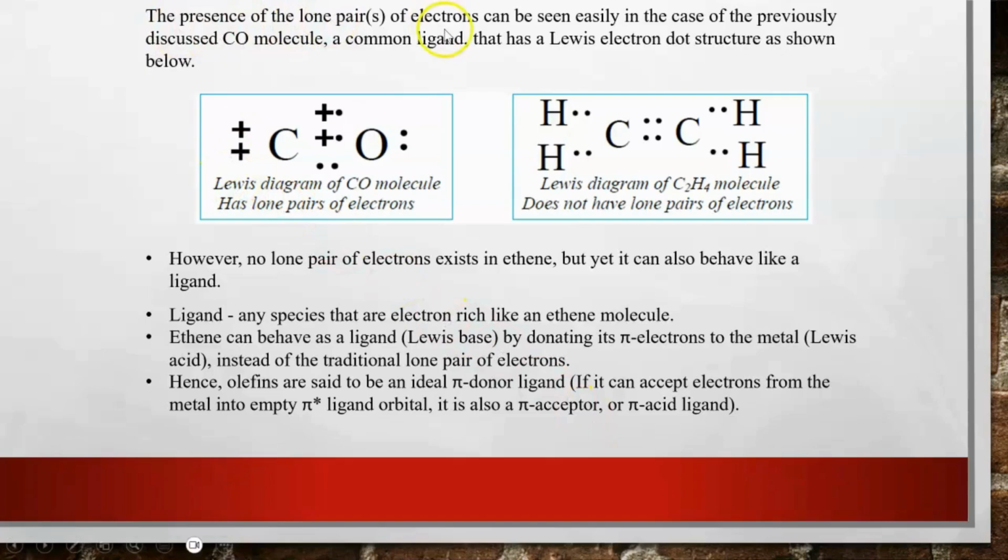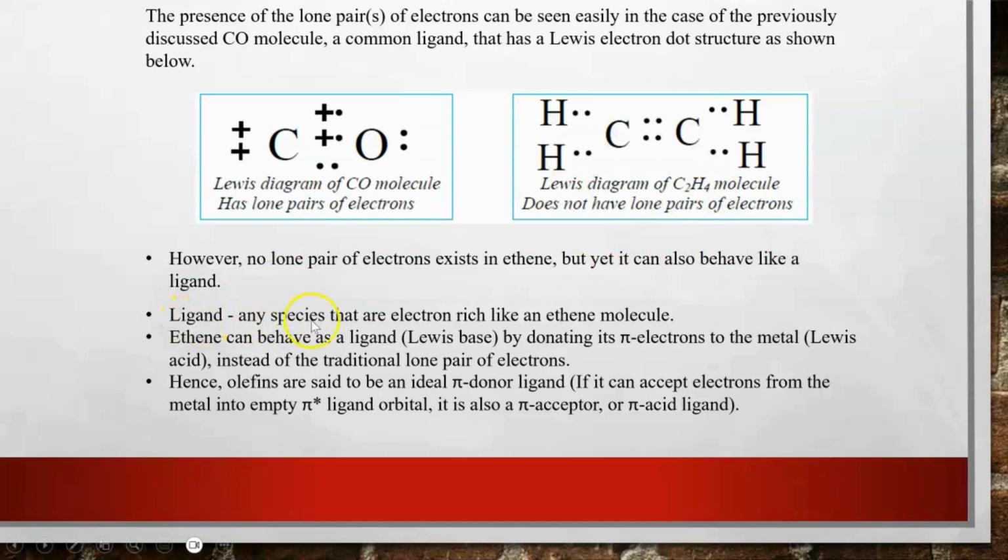The presence of lone pairs of electrons can be seen easily in the case of the previously discussed CO molecule, a common ligand that has a Lewis electron dot structure as shown below. So we have here a carbonyl structure, and this one is the C2H4 molecule. However, no lone pair of electrons exists in the ethene compound, but yet it can also behave like a ligand.